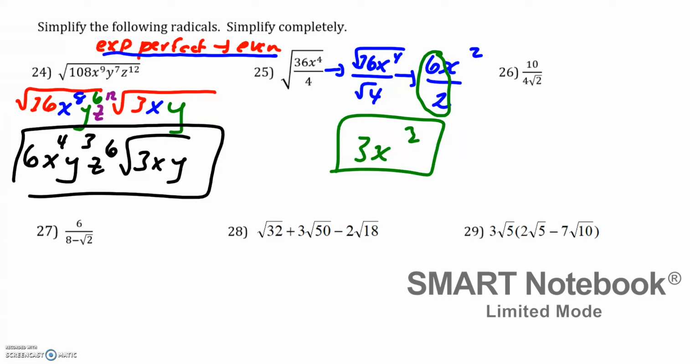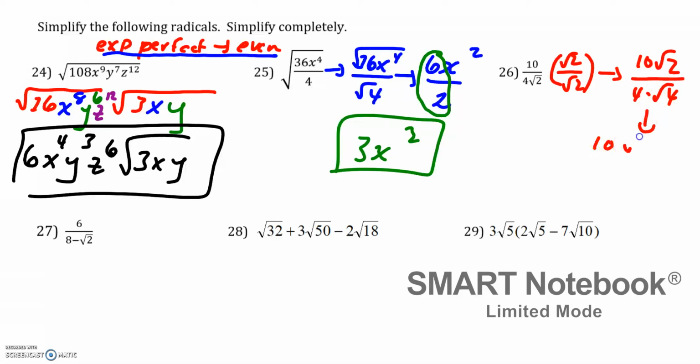Number 26 is asking you to rationalize. At the bottom we have 4 times root 2. We don't have any plus or minus signs. So what we could do to get rid of the radical is multiply top and bottom by root 2. And if I do that, I would end up with 10 root 2 on the top, not root 20, because these both don't have radicals, over 4 times root 4 technically.